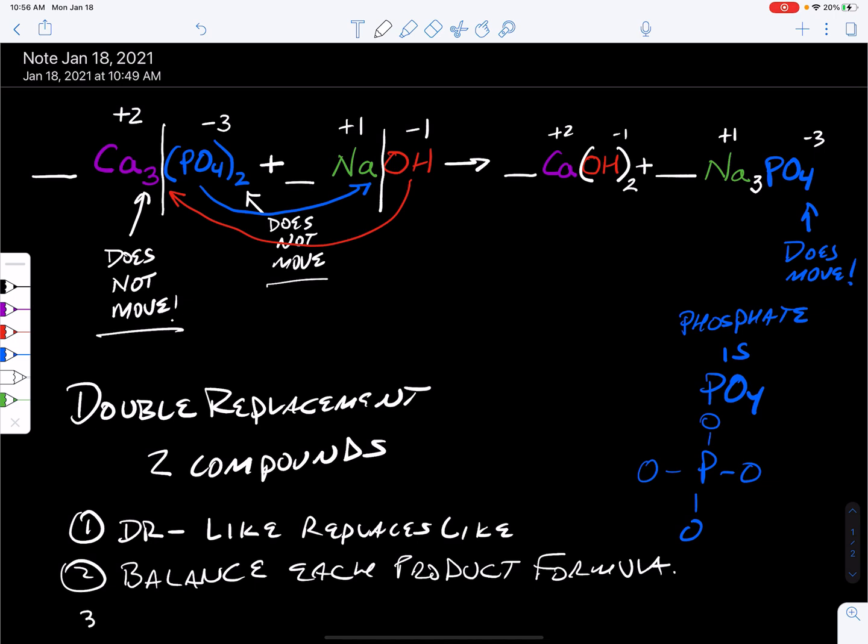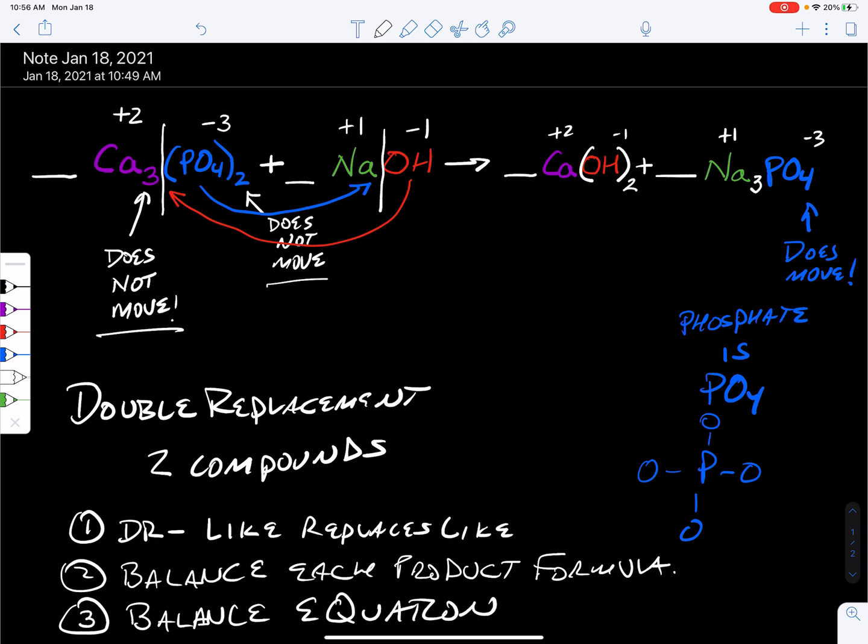My last step is to balance the equation. And in looking at this equation, I have 3 calcium on the left, so I need 3 calcium on the right, at which point I now have 6 total hydroxide on the right.